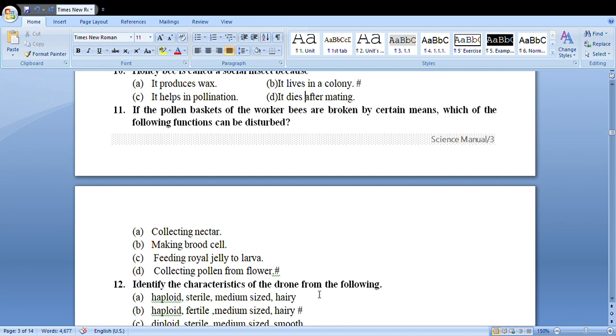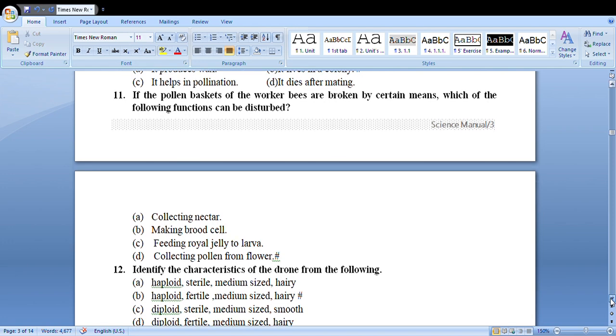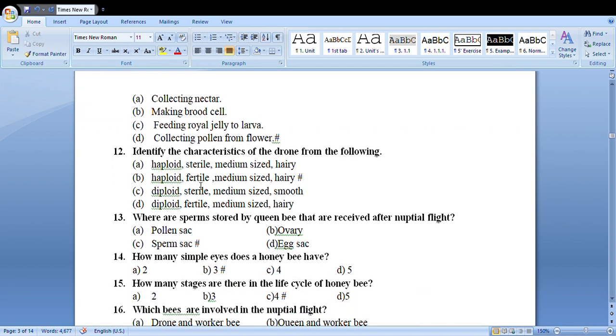Identify the characteristics of drone bee from the following. Drone bee, it is haploid, fertile, medium sized and hairy. Where is sperm stored by queen bee that is received after nuptial flight?